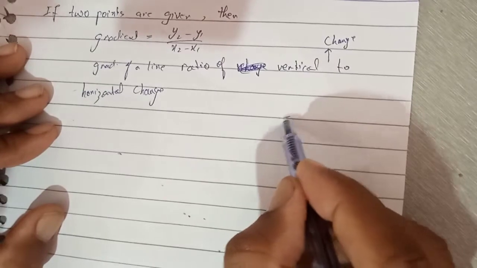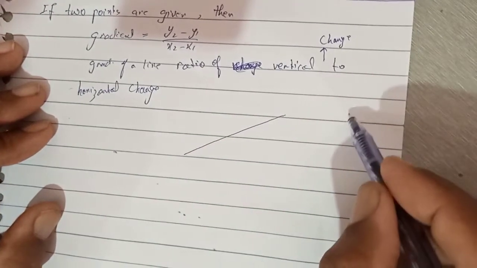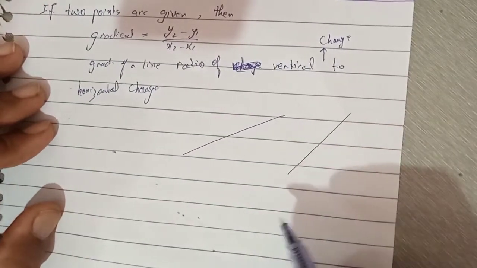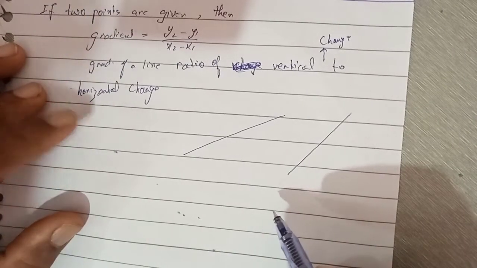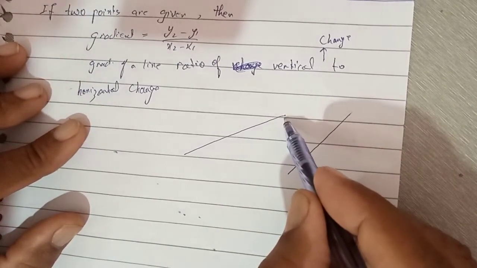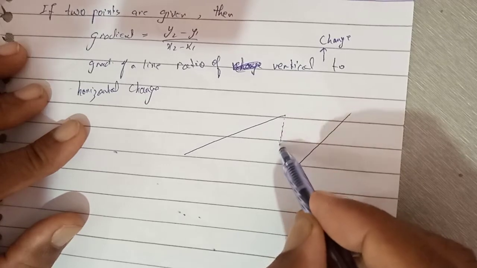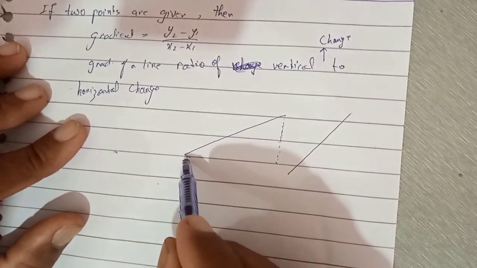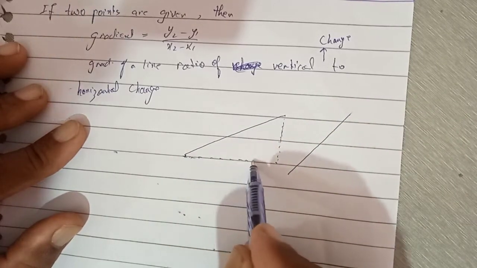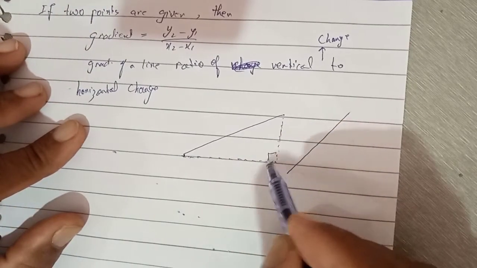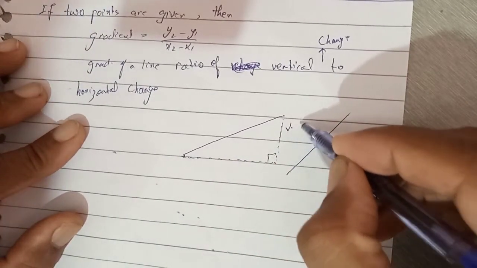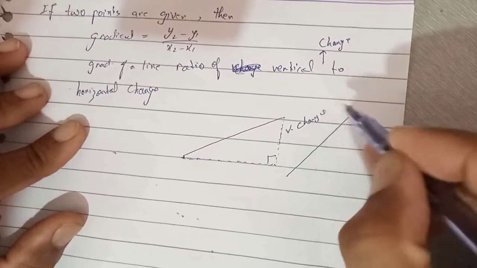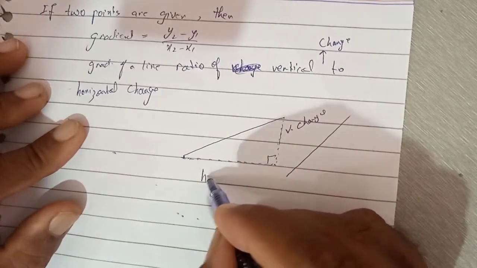If this is the line segment, and I complete the triangle taking this line as a hypotenuse, then this is the vertical change, and this is the horizontal change.